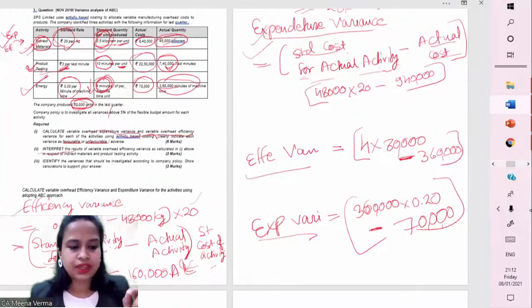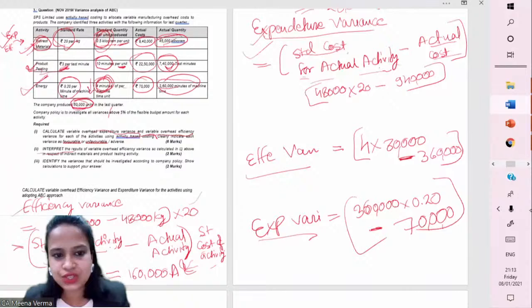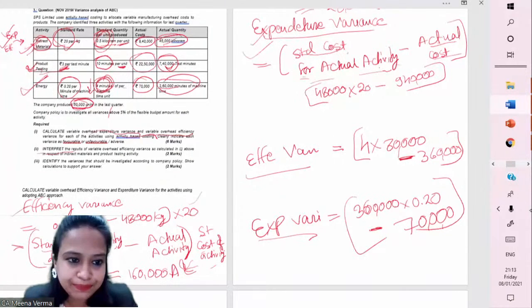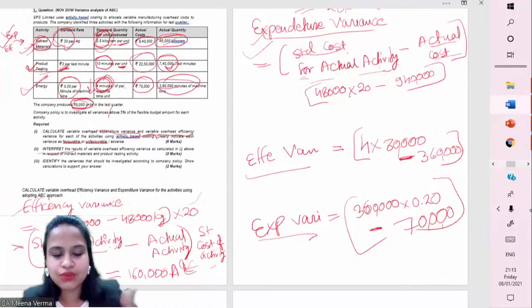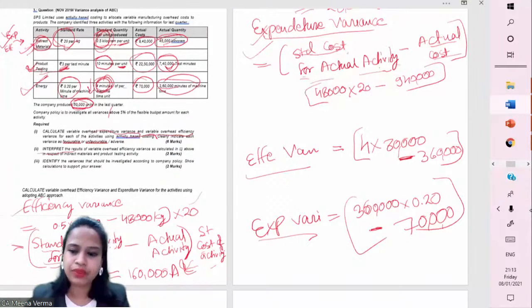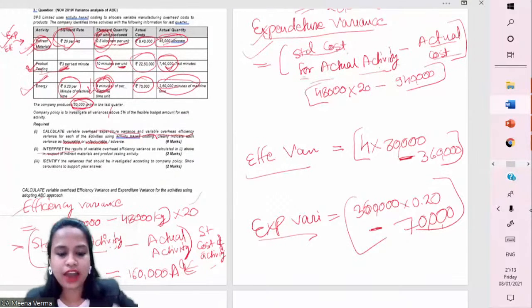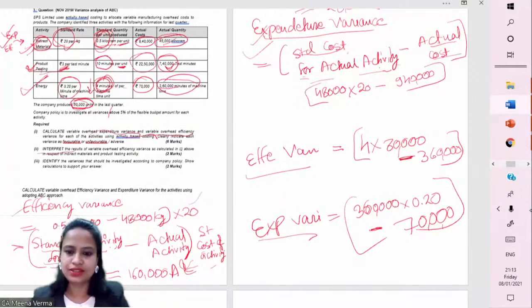Okay, the question in which they ask you to calculate the expenditure and efficiency variance by using activity based costing, and further you have to analyze the reason. Why the variances are adverse or favorable, and you have to write the reason in the solution.